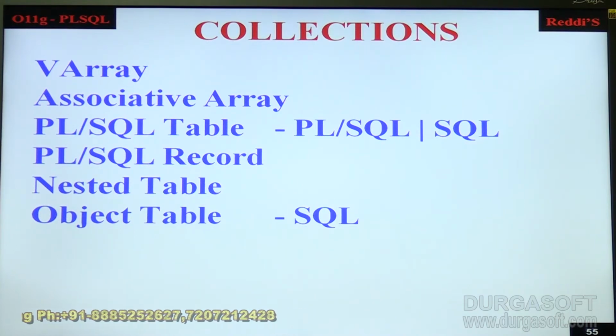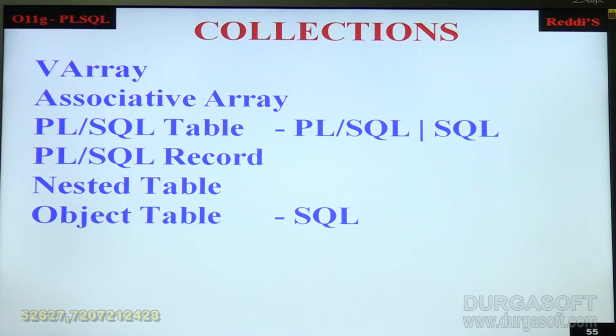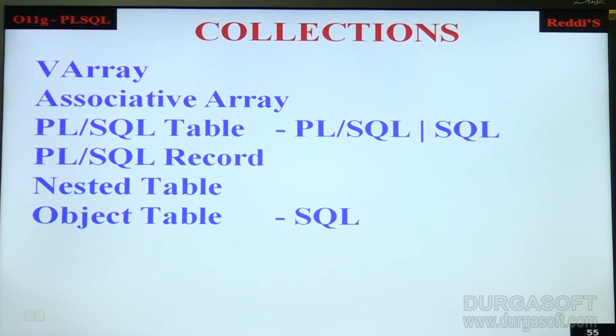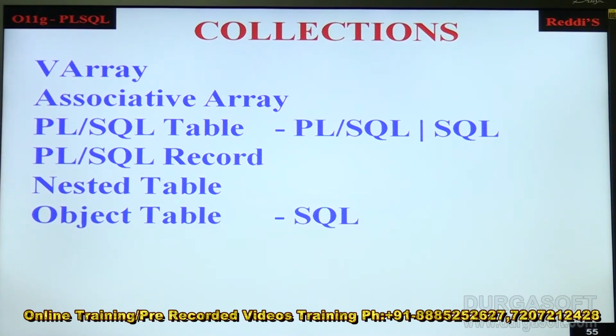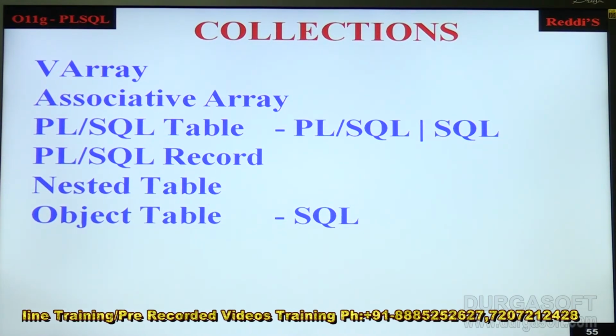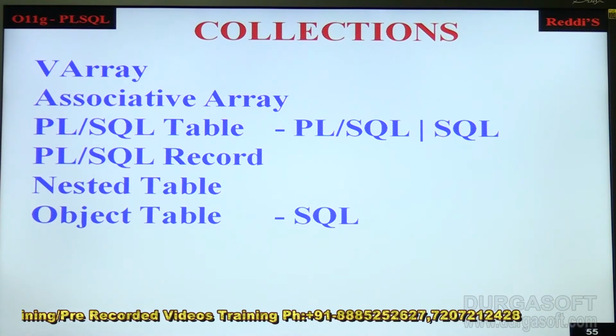All these are the collections that are available in Oracle, that is both SQL and PLSQL. When it comes to the PLSQL collections, we have VArray, associative array, PLSQL table, PLSQL record and nested table. Object table is at SQL level only, which we have already discussed as part of SQL sessions.